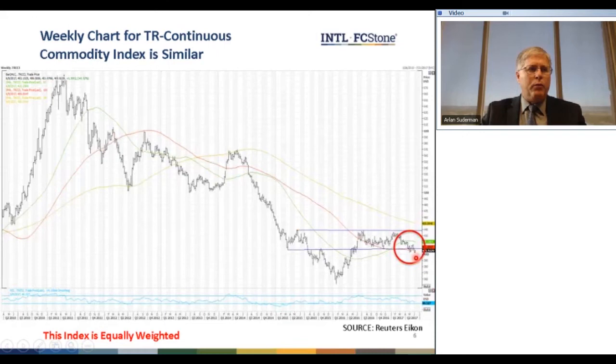It has already broken through that lower level of support, so it looks more bearish than is the CRB, and that's despite the recent rally that we've seen in corn, soybeans, and wheat, which are part of both of these commodity indices. So that says that overall the funds remain very bearish the commodity sector.